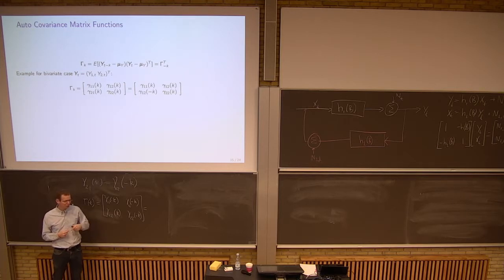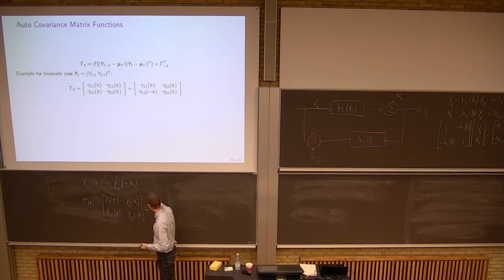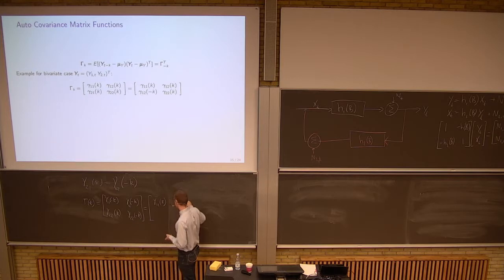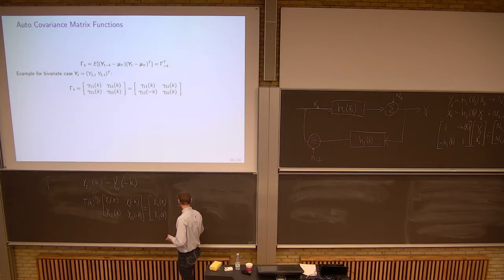If you look at how you depend on 3 steps in the future, or you stand here and look at how you depend on 3 steps back, since you're doing it with yourself, it's the same thing. So this is gamma 1,1 of k, gamma 1,2 of k, and gamma 2,2 of k.